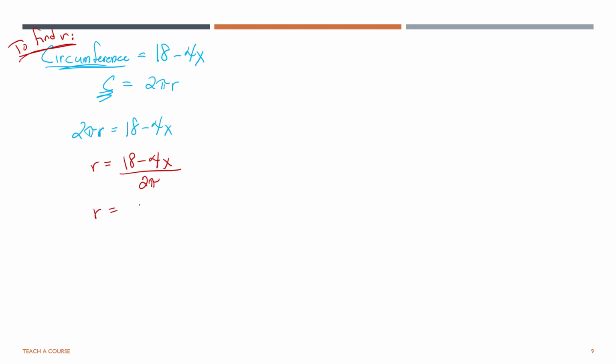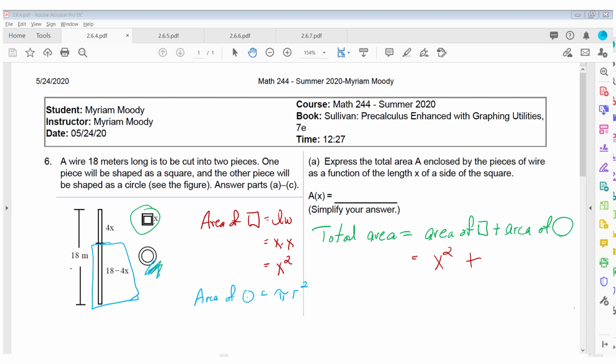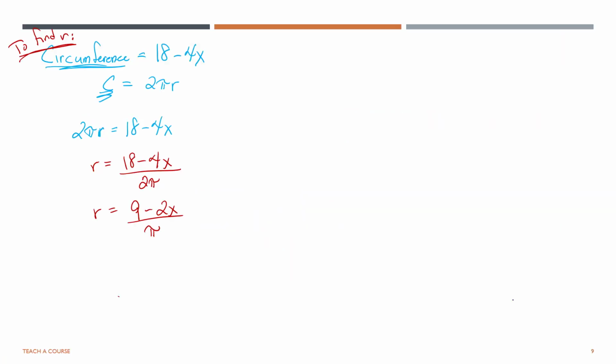And I can reduce, can I not? Cool? Okay, so let me go back. So I have got area of a circle is equal to pi times 9 minus 2x over pi, and this is supposed to be squared, isn't it? Awesome.